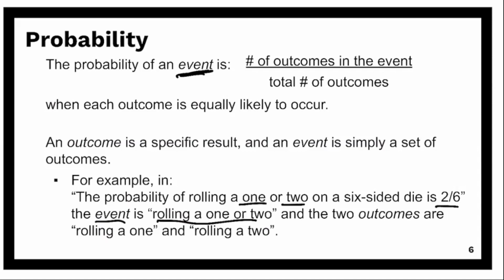An outcome is one single result. So two outcomes are rolling a 1 or rolling a 2. Those are the two outcomes within our event. So the event is kind of like what we're studying, what we're finding the probability of. And each outcome is one of the results that could happen.